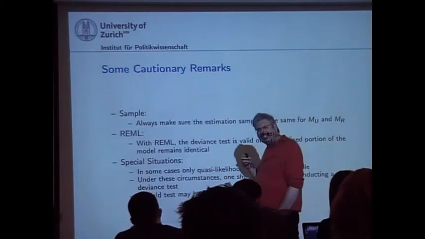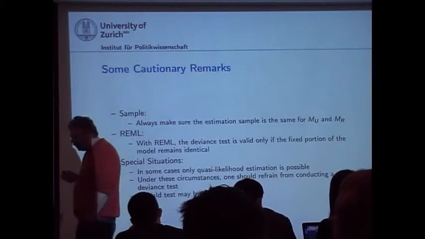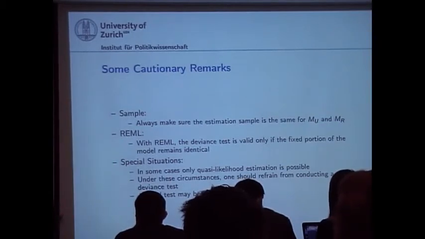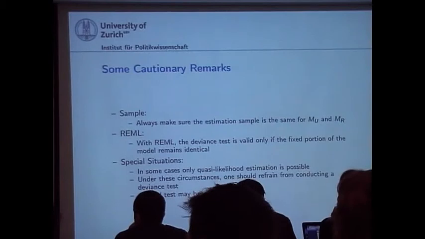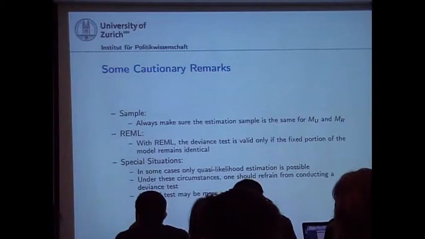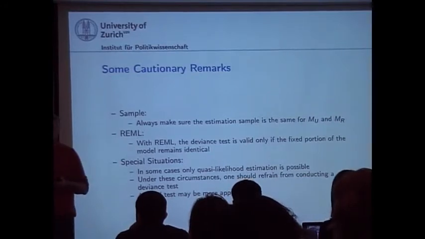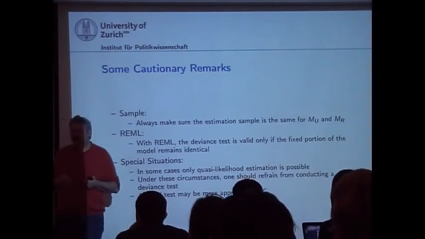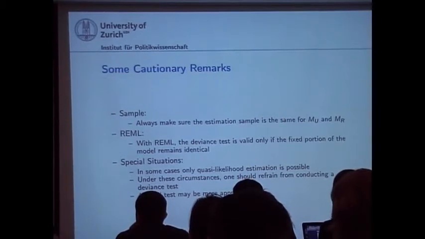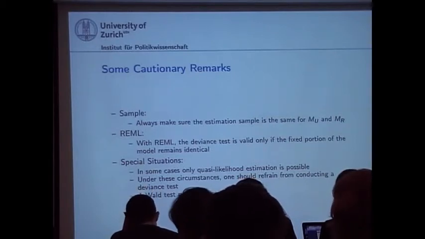You can imagine this happening when you go from a model that contains no level 2 predictors to a model that contains level 2 predictors, but you have missing values on the level 2 predictors, so your sample size starts to fluctuate. Then you should make sure that in the model without the level 2 predictors, you're already kicking out those cases that are missing on the level 2 covariate, simply so that you can compare the deviances.